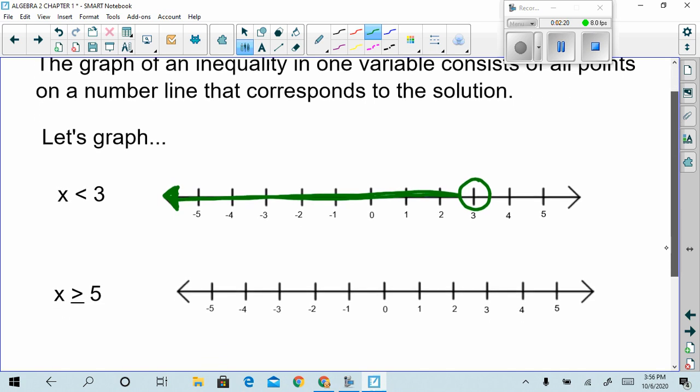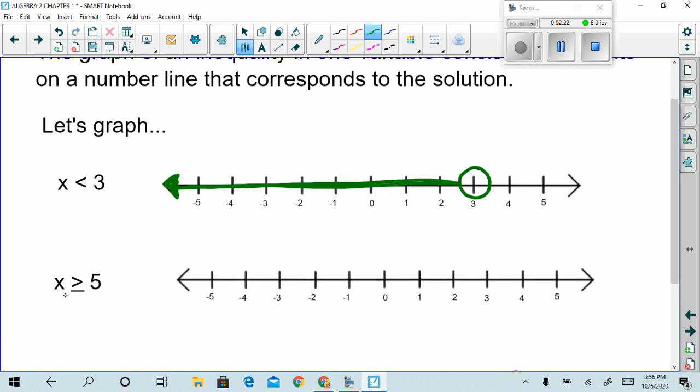In the second problem, I now have a greater than or equal to, so I'm going to locate 5 on my number line, and this time I'm going to put a closed circle, and I'm going to shade everything that goes in the greater direction. And all my solutions will be any values into positive infinity, including 5. In the first one, it doesn't include 3, only numbers less than.